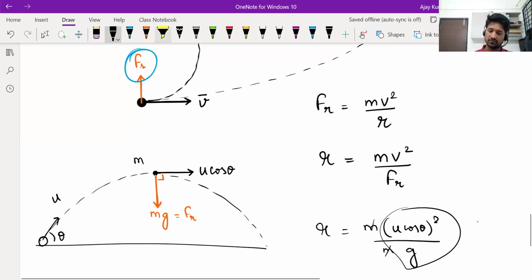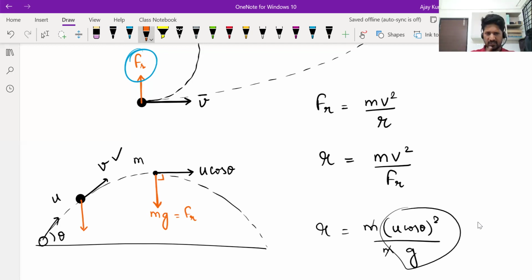You can calculate the radius of curvature at any other point also. For example, at this position, you first have to find the speed at that position. Equations of kinematics can give you the speed. Then gravity acts this way. Resolve it into components. It's a lengthy question actually. Based on that height, you can find out at what angle the particle is moving. If you know that angle, you can take the component of mg in a direction perpendicular to its velocity.